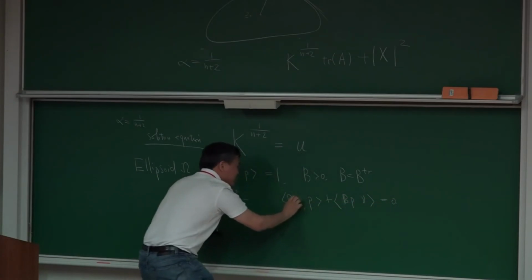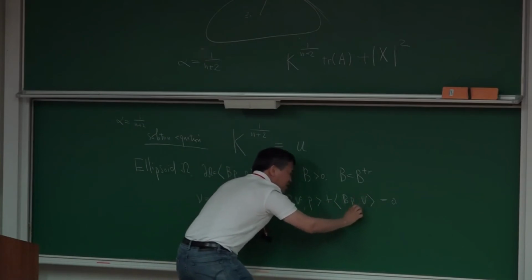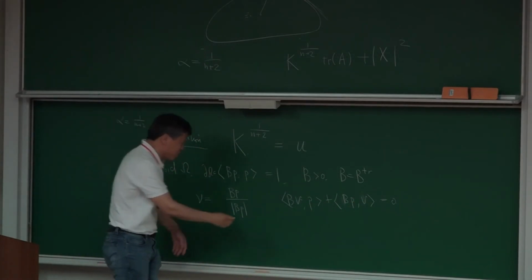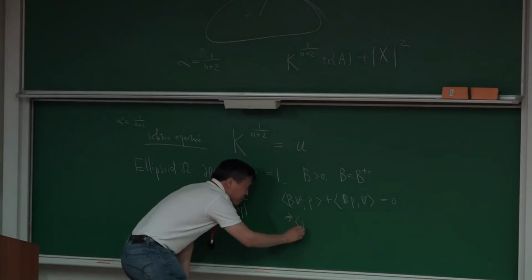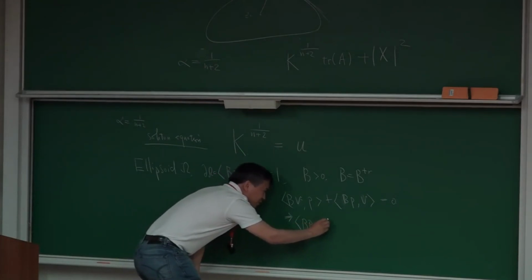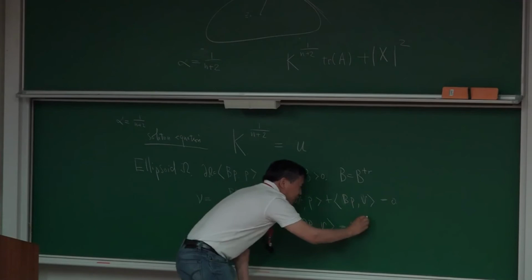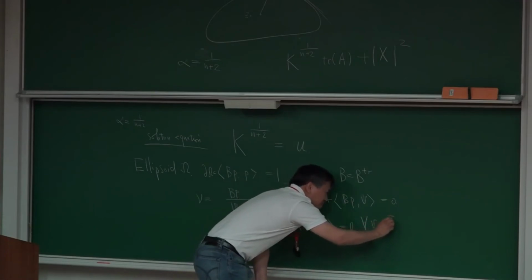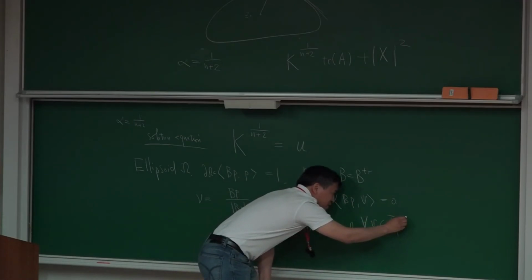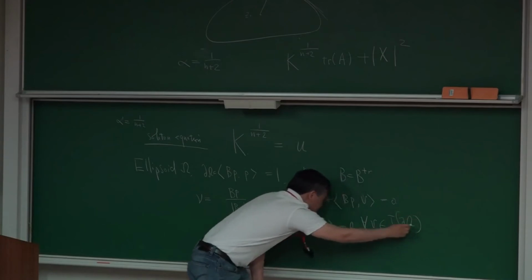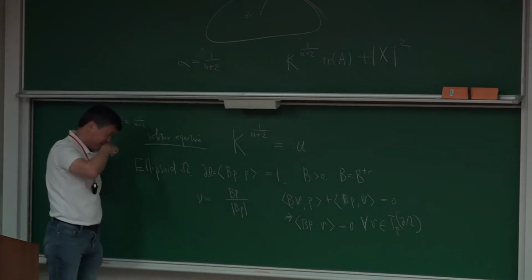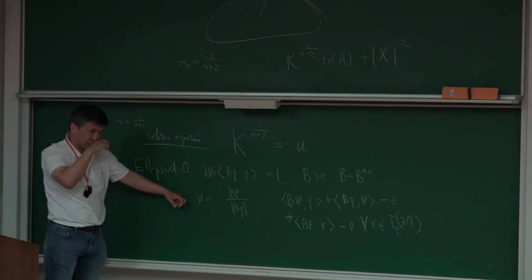I'm sorry, V is not the normal. V is just some tangential vector. So you get BP·V equals 0 for any tangential V, for any point sitting on the boundary. So you know that's the unit normal.